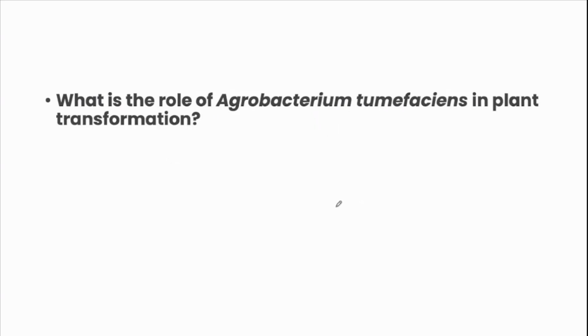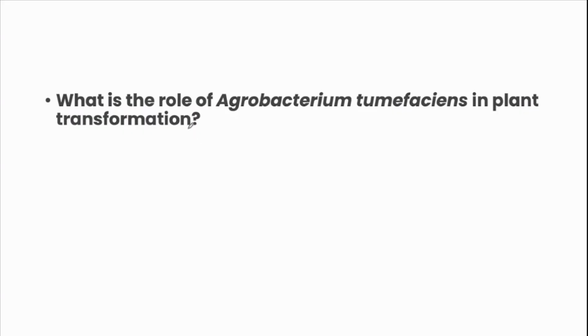Now another question similar to the previous one: what is the role of agrobacterium in plant transformation? So we know that agrobacterium is basically a plant pathogen and a soil-borne bacteria, right?